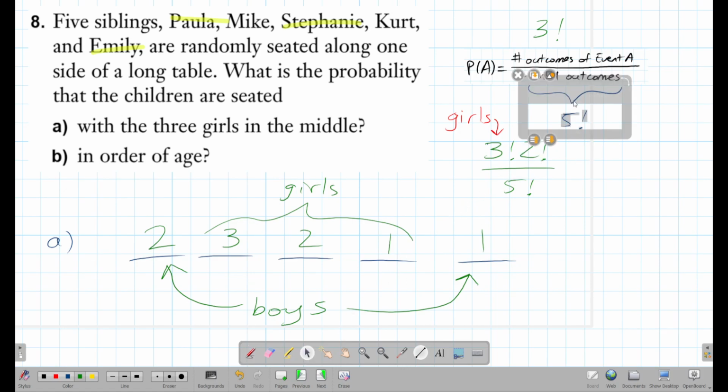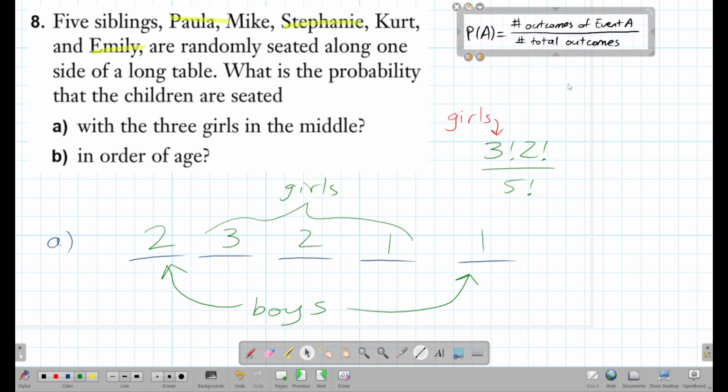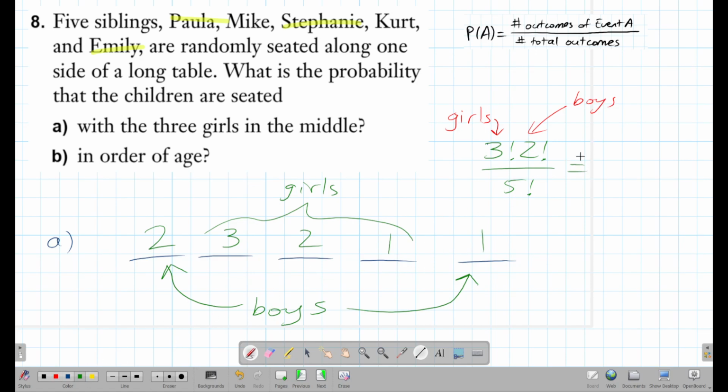Let me clean this up. That's the probability. Then you just calculate this fraction. If I did this correctly, this is going to be equal to 2 over 5 times 4, which is 1 over 10. So this is the answer for A.